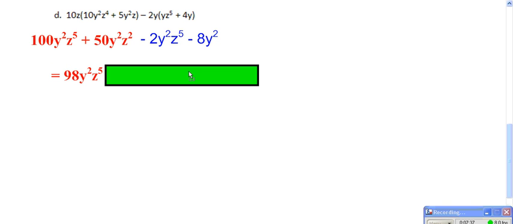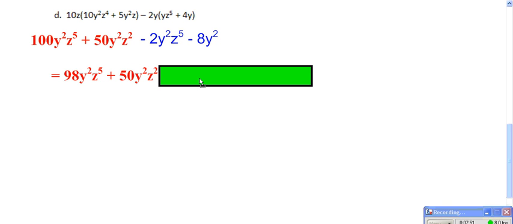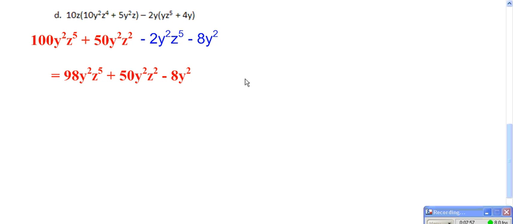There we'd end up with 98 y to the second z to the fifth. With those two out of our equation here, we'd have 50 y to the second z to the second. That's positive, followed by negative 8 y to the second.